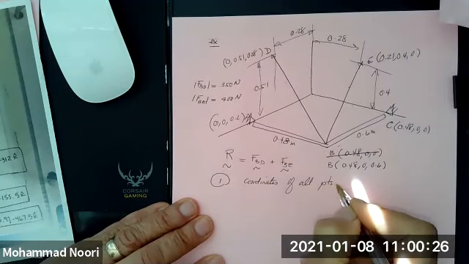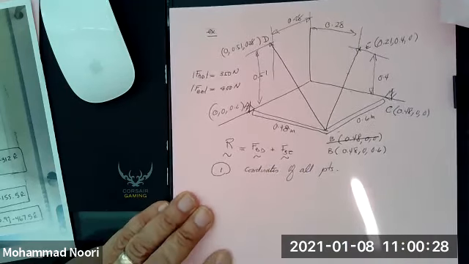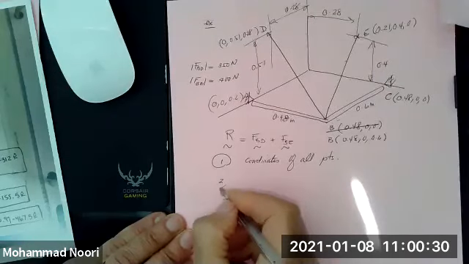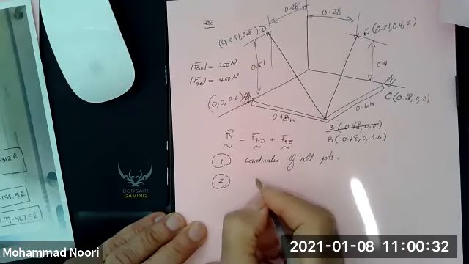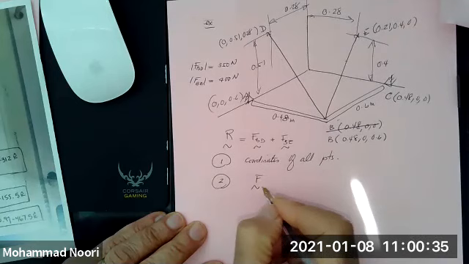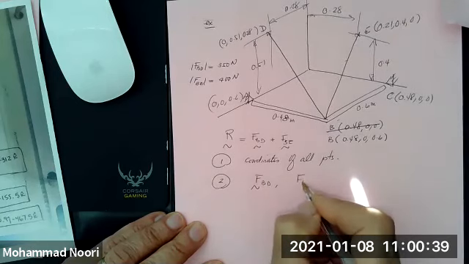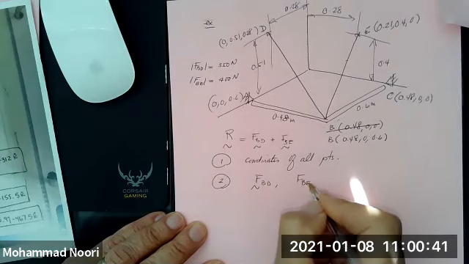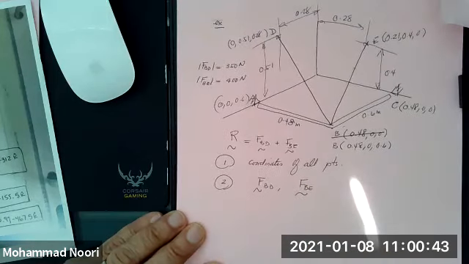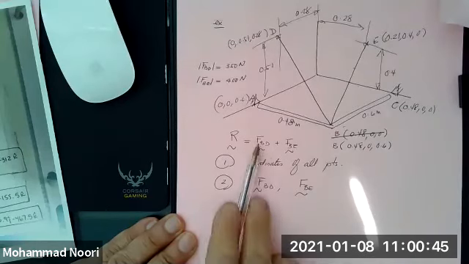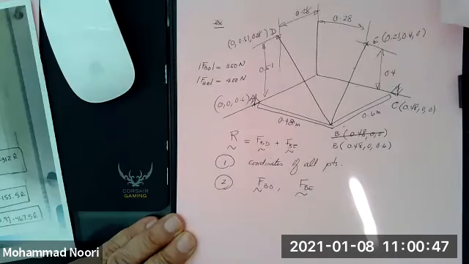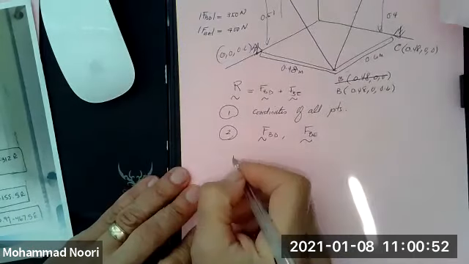So you write down the coordinates of all the points, and the next step is you need to write the vector equation for each force, BD and BE. Because once you set these up, you can find the resultant. But how do you do that? Well, you need the unit vectors for each.